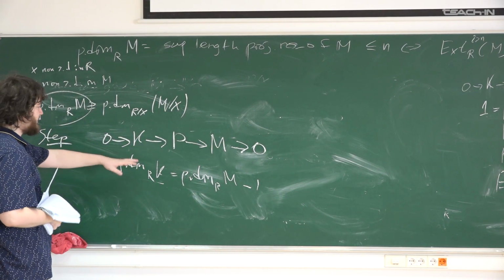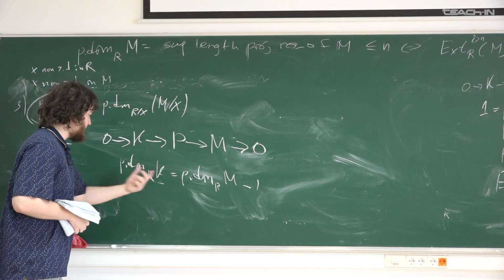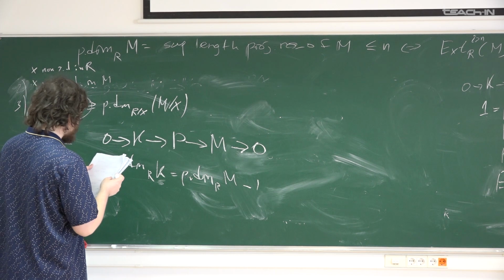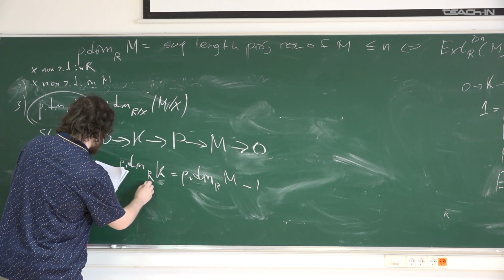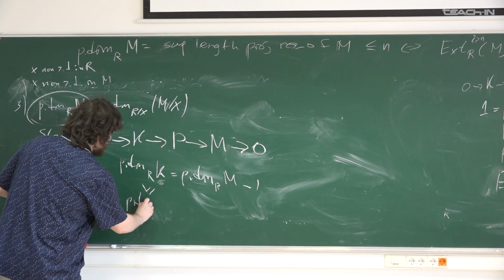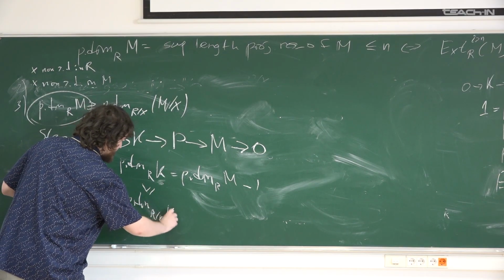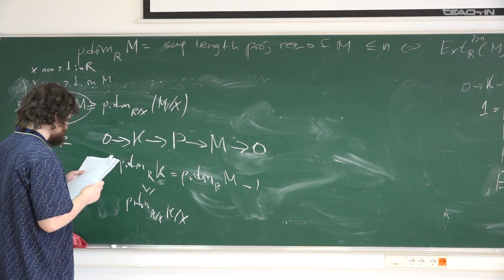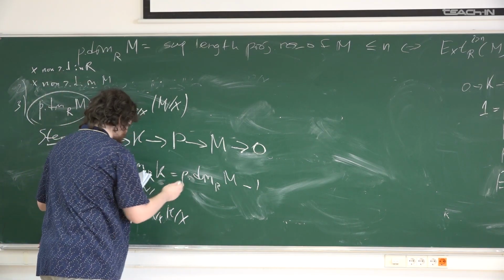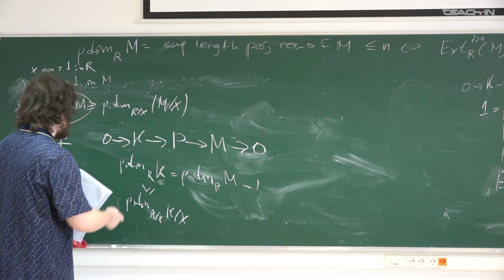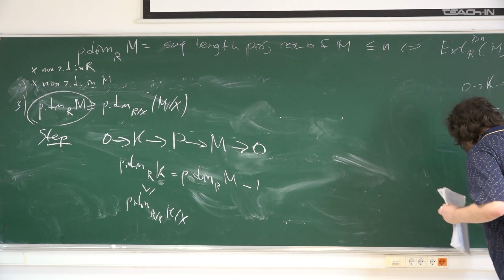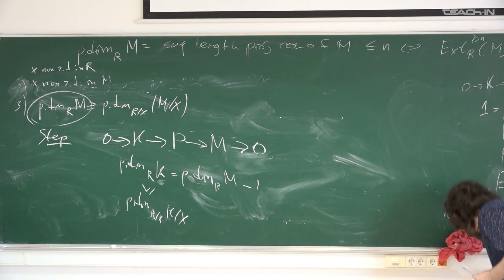X is a non-zero divisor in this module, so by induction we have this inequality. In fact, this exercise is easier than the previous one because now it's almost all.